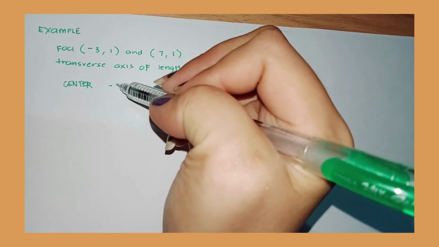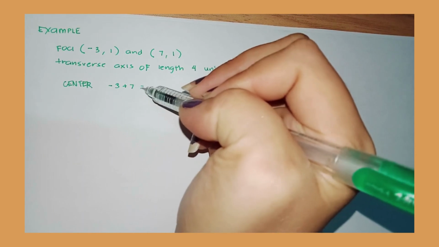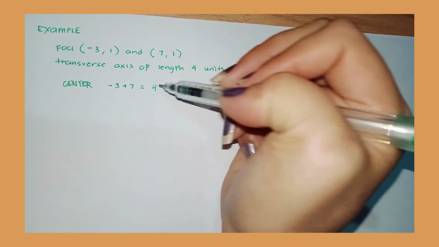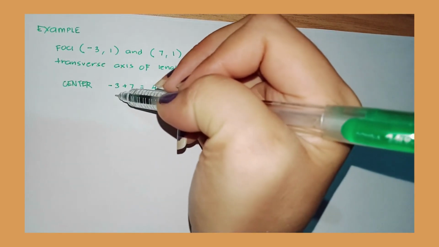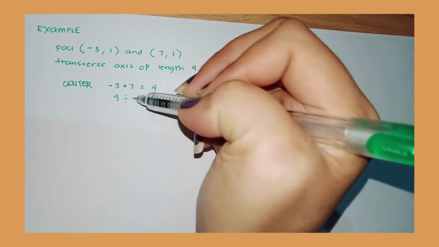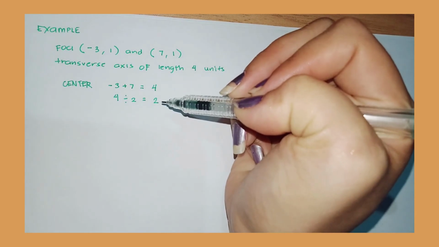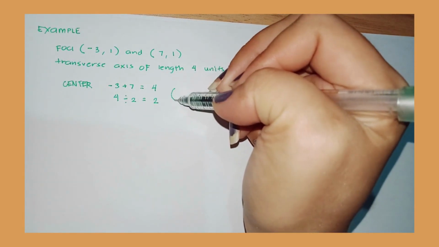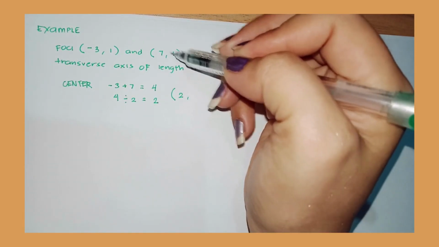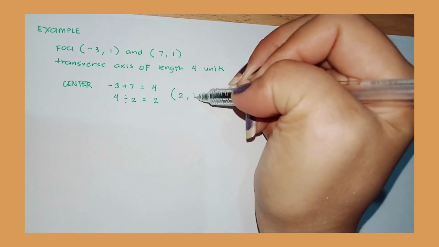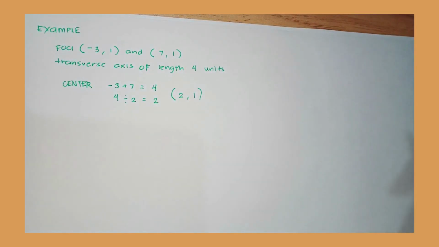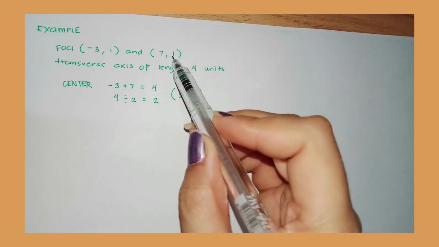Negative 3 plus 7, that is 4. Then, yung 4, i-divide natin ng 2. So, the center is 2. Meaning, yung ating center ay 2 and copy yung pareho, 1. That would be our center, 2 and 1.